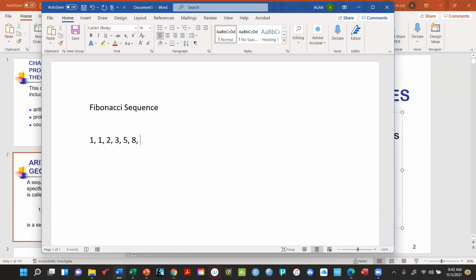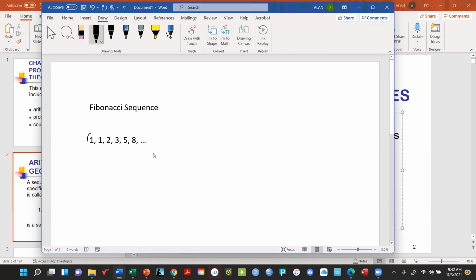Now, why is it 8? Well, I'll tell you why. Because the way it's set up, the first 2 numbers, as you can see, add up to 2. The second and the third numbers add up to 3.